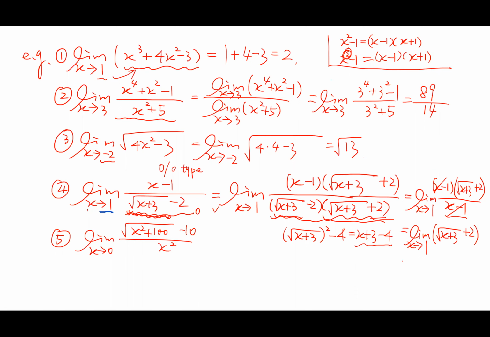And then we can substitute 1 into this function, right? So here is 2 plus 2 equals 4. So the answer of question number 4 is 4, not 0. So can you understand, guys?